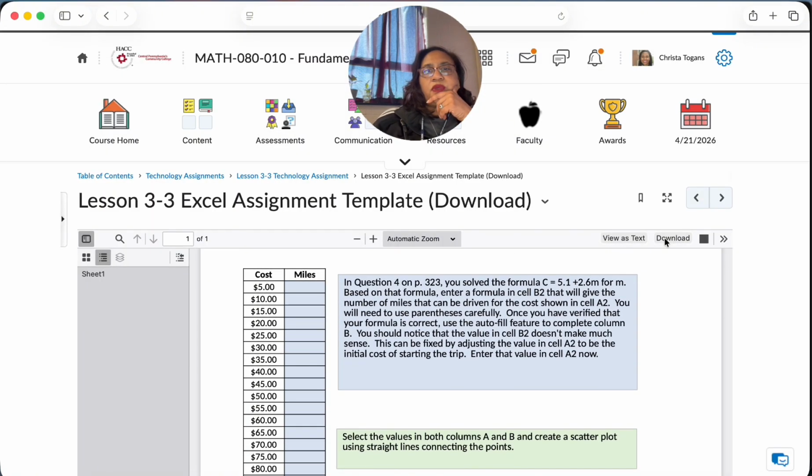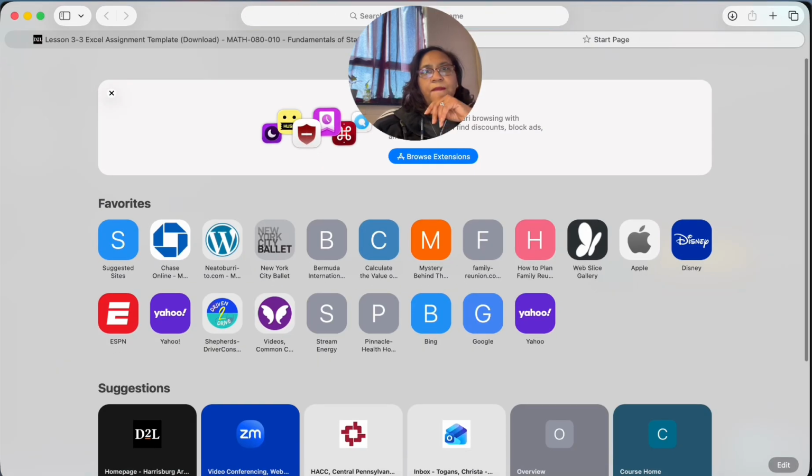You have to download this template. And to me, the easiest thing to do is to put it in Google Sheets.